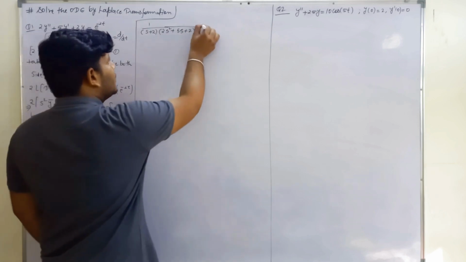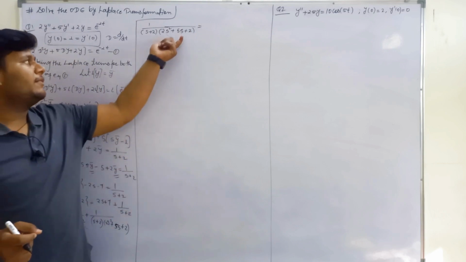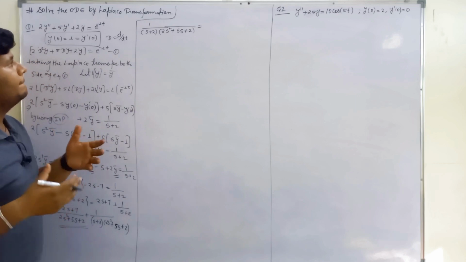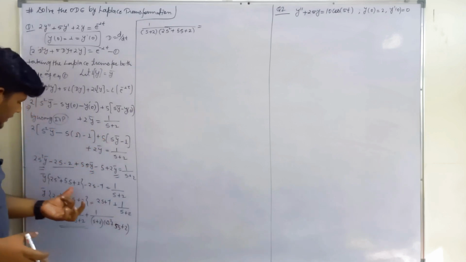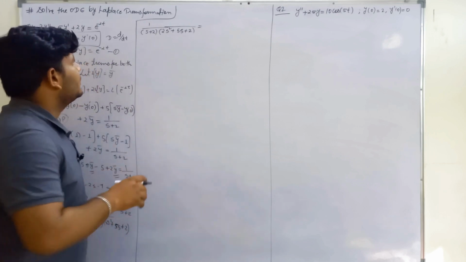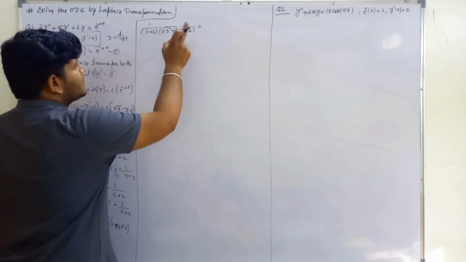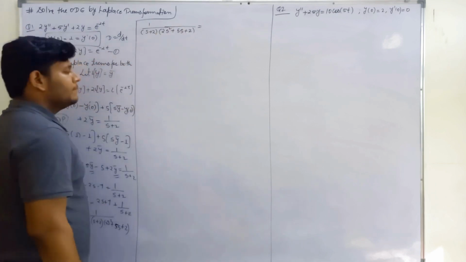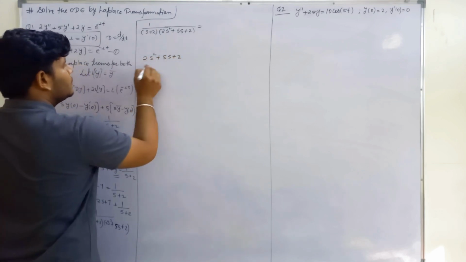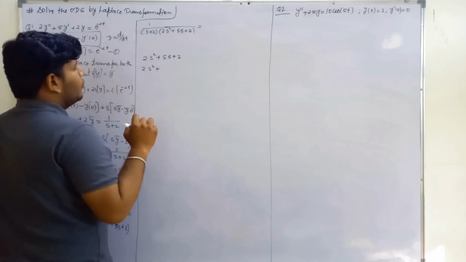See here, first of all the term 1 upon s plus 1 times 2s² plus 5s plus 2, and we can split this term into partial fractions.